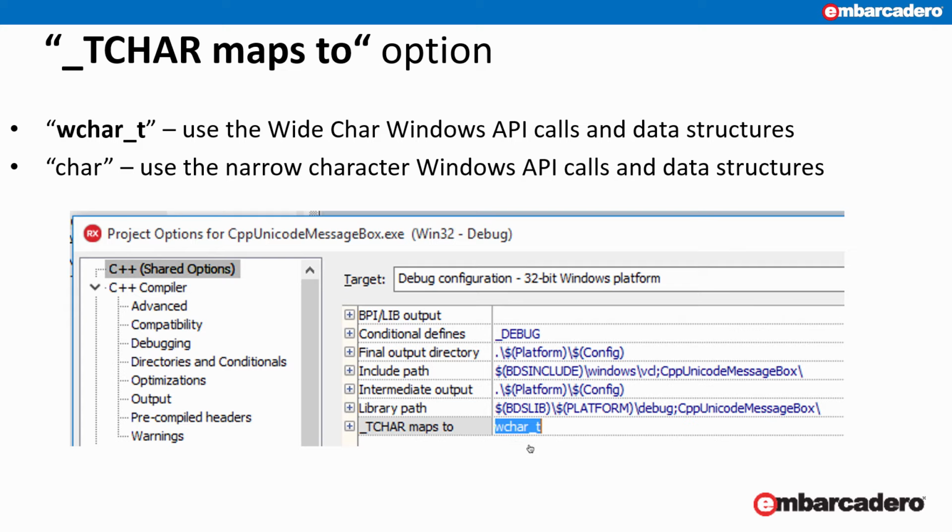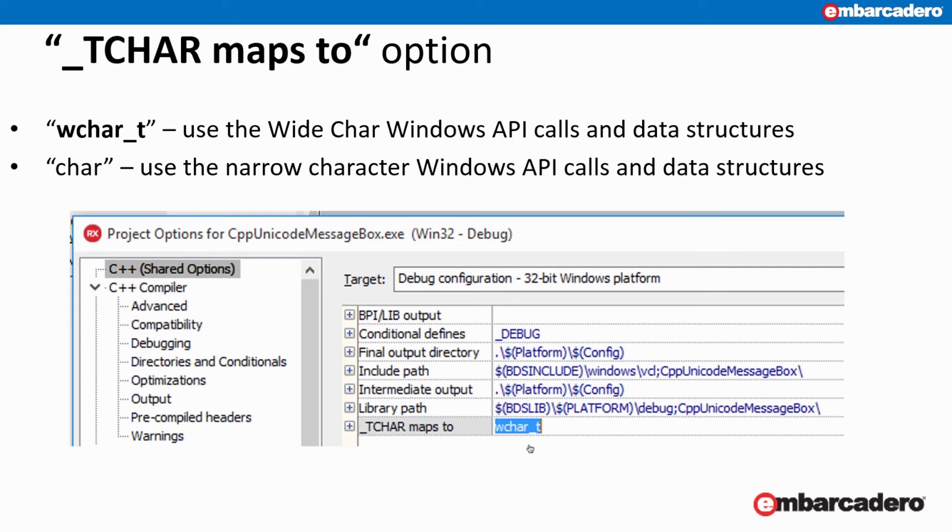Before you can set this option to wchar_t, your project must have an entry point called _tmain or _tWinMain. Now, new projects created with RAD Studio have these entry points by default, but imported projects might need to have these entry points added by hand.